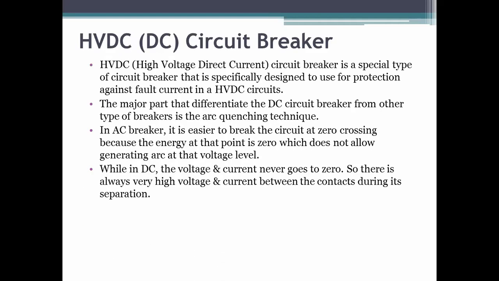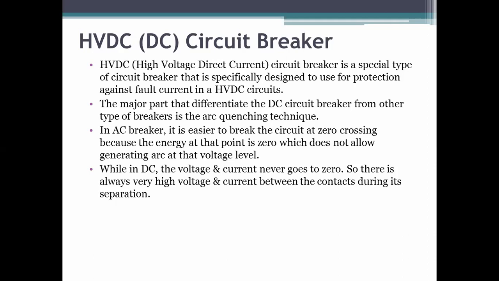Now, today, the new point we are going to start is the HVDC circuit breaker. HVDC is a DC type of circuit breaker. Whatever types we have seen up to this point were all AC circuit breakers, which we can use only for the AC circuit.